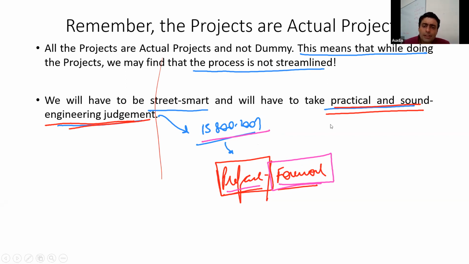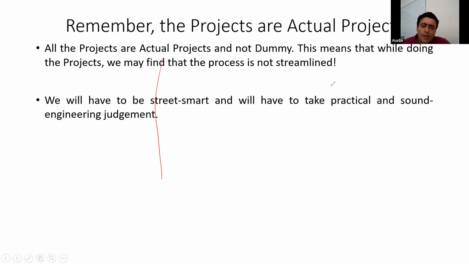So we have to be street smart, and we have to take practical and sound engineering decisions. That is very important. That actually separates a good engineer from an engineer who is only relying on the theory. So when we are doing actual projects, we have to keep these things in mind also.